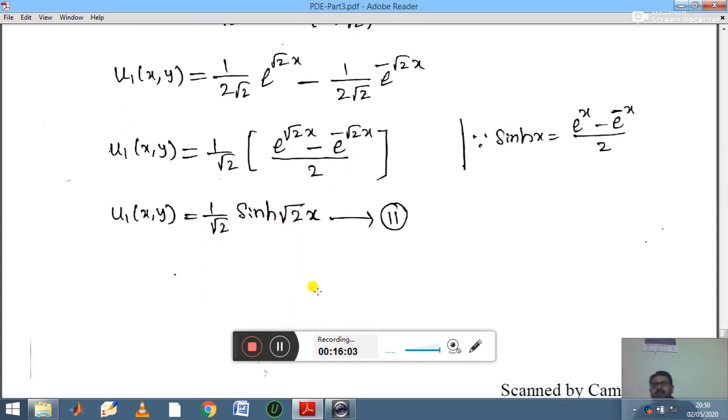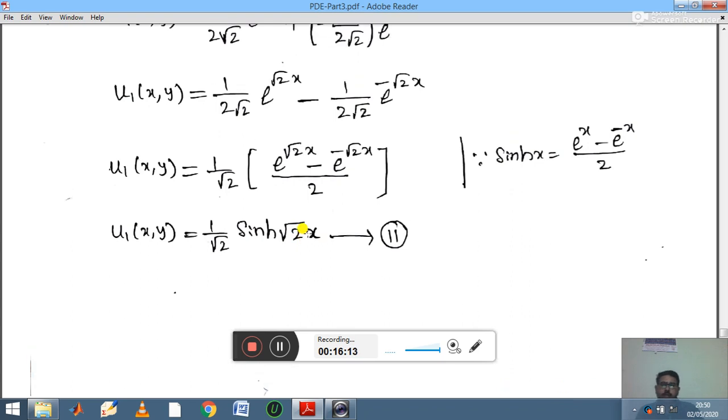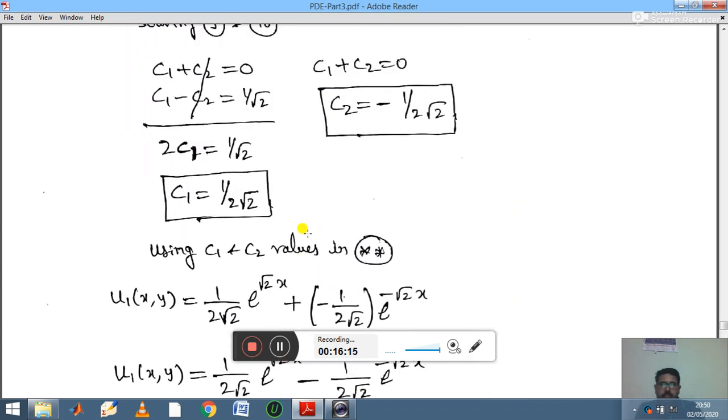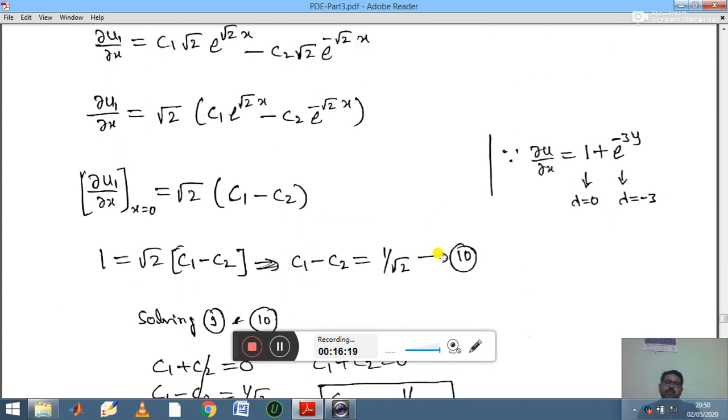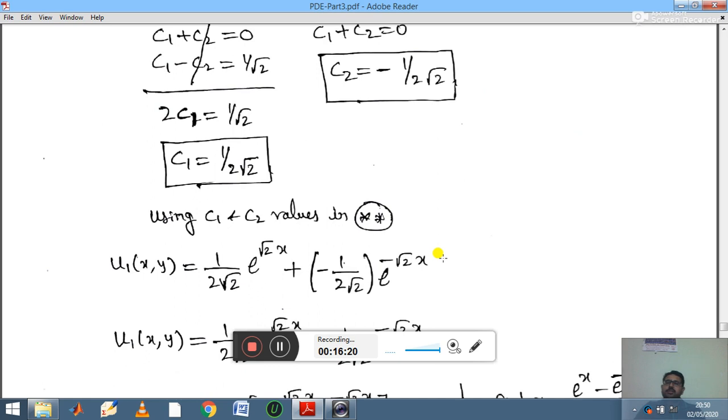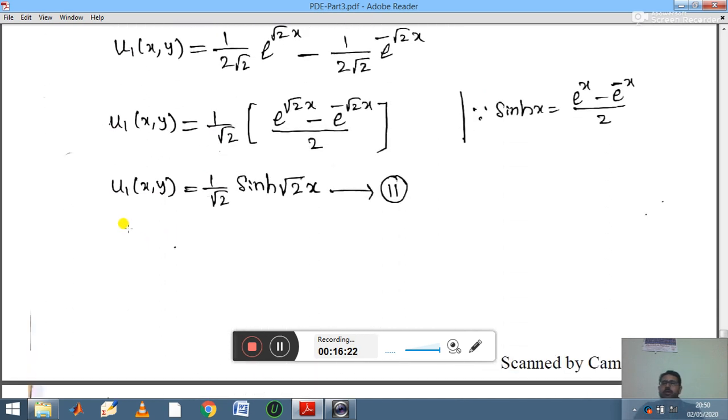This is the first solution. Take this as equation 11. This is the first part, considering the first lambda value, lambda = 0, and this is the solution. You name it as u1.